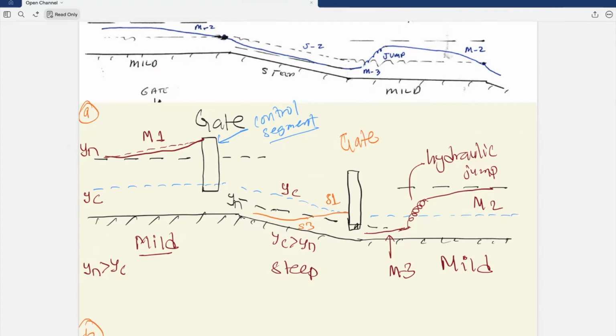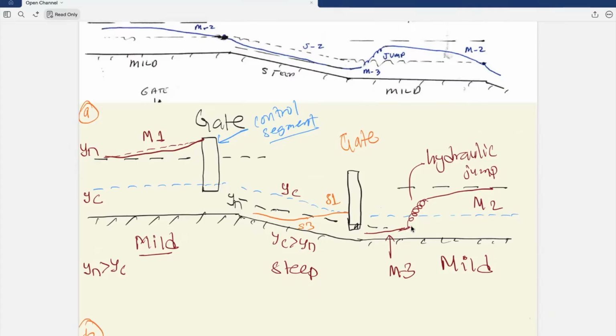And after gate 2, now we are in the mild channel. The gate forces water below both lines, that is M3 or zone 3. This is supercritical flow on a mild channel, and it must end in a hydraulic jump.